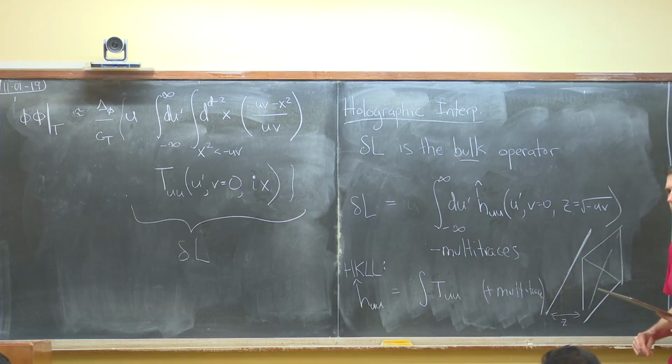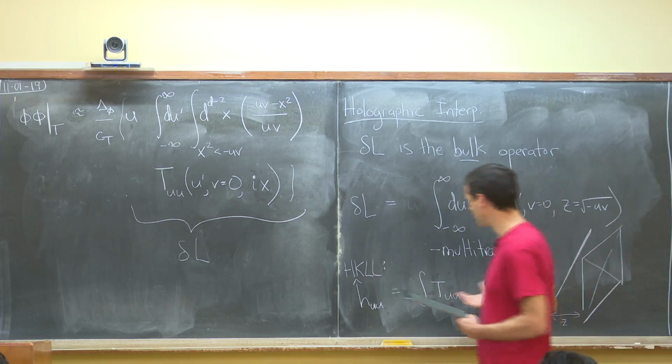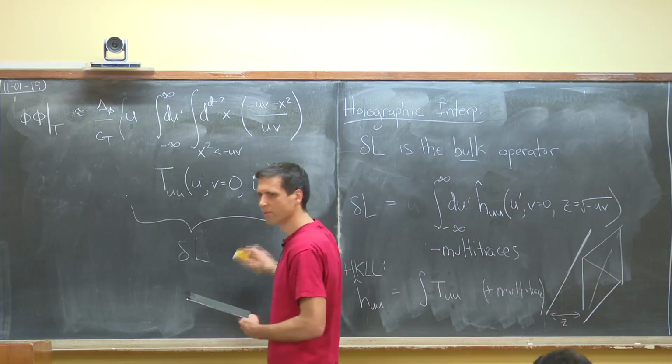So when you have a graviton exchange and decompose it into conformal blocks, you get a single trace. Exactly. It's exactly the same. Yeah. This is sort of an operator version of that statement.